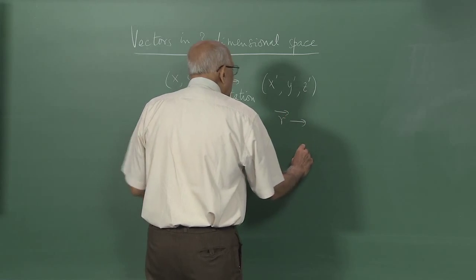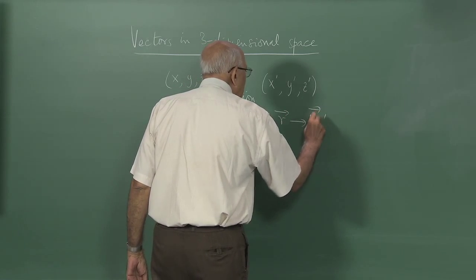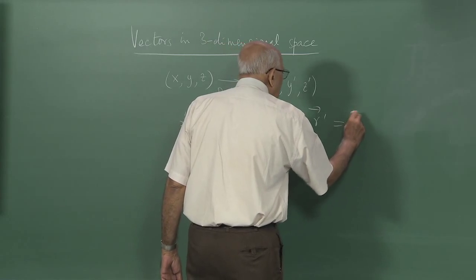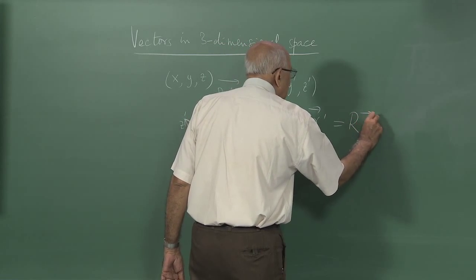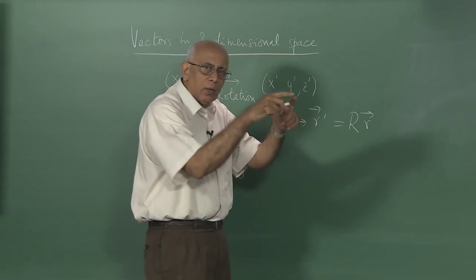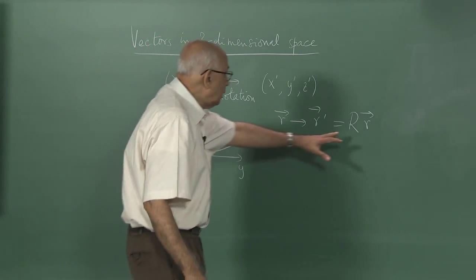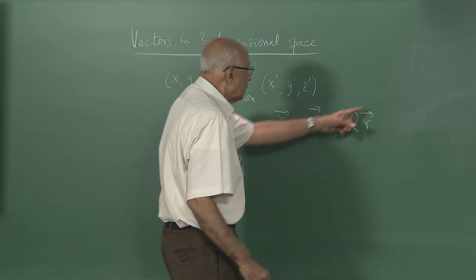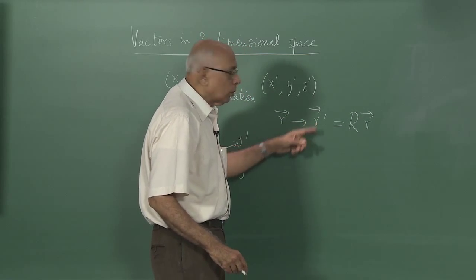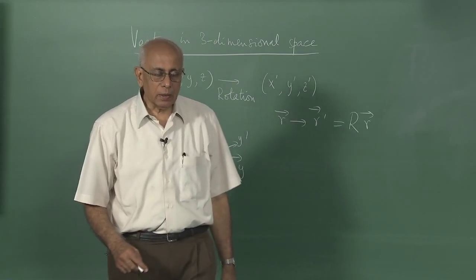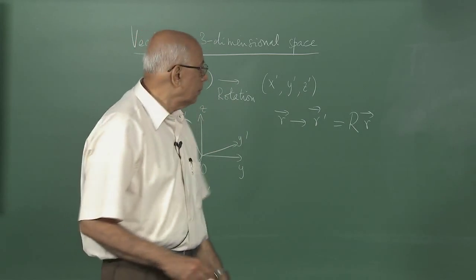Any position vector r goes to r prime, which is equal to some rotation matrix acting on r. When I write this r as a 3 by 1 column vector, then the rotation matrix is a 3 by 3 matrix which multiplies this 3 by 1 column vector to produce a 3 by 1 column vector in the prime coordinates.